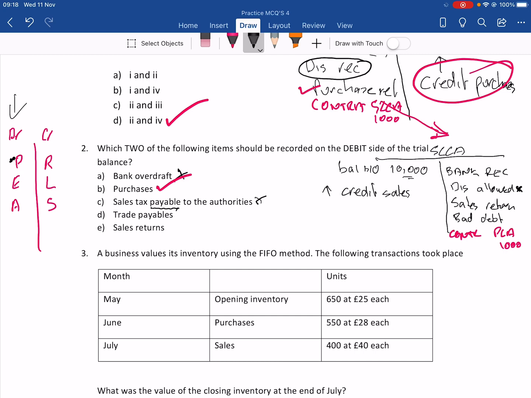Trade payables, again anything with a payable is that we owe, so it's a liability, so that one will be wrong. And sales returns is where it's coming back to us, so we did sell it to them but they've returned it, so it's come back into our stock. So that is also on the debit side of the trial balance.